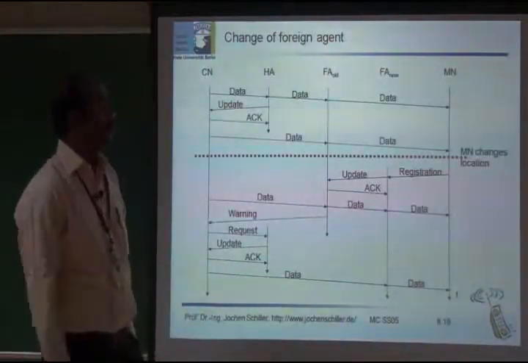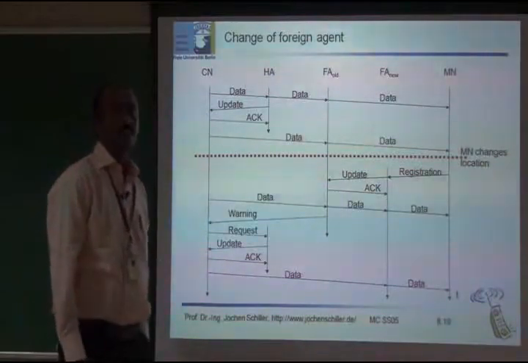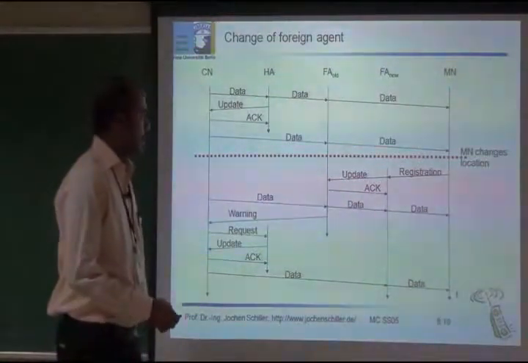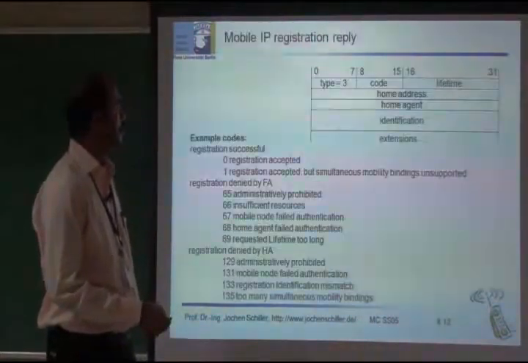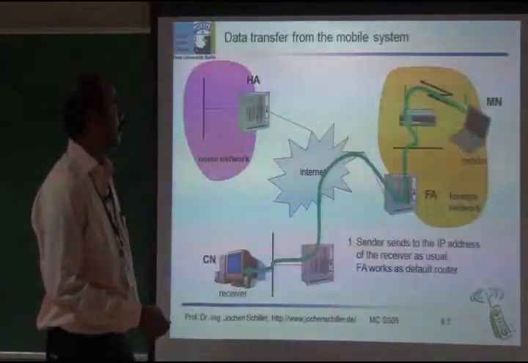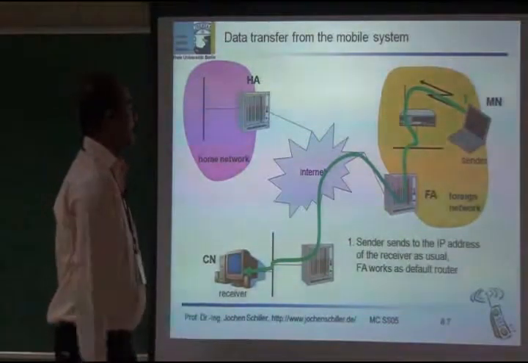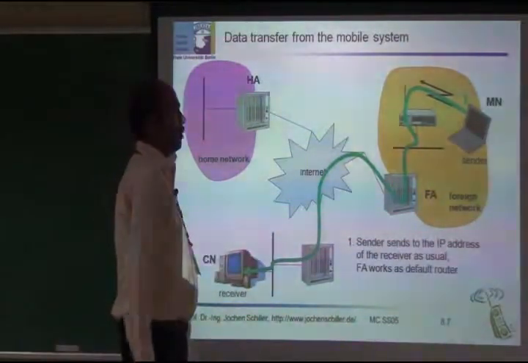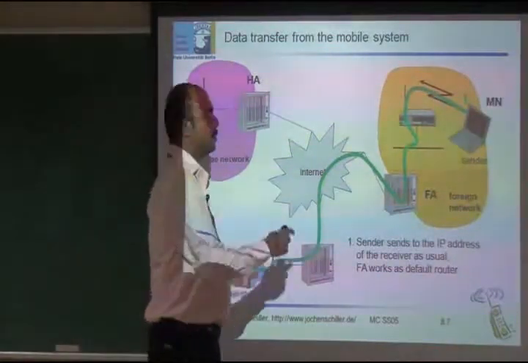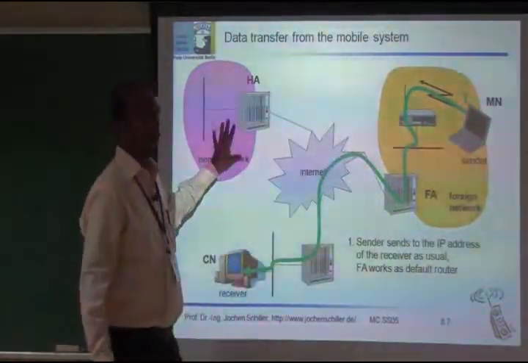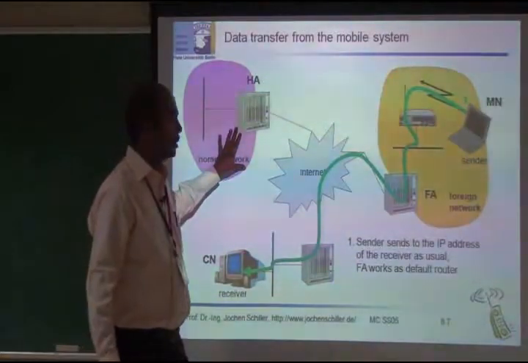This is a very important slide, the change of foreign agent. So I will explain with an example by using the same architecture. This is an example when the mobile node has already moved to the new place. Here the first mobile node is present in the particular home network.